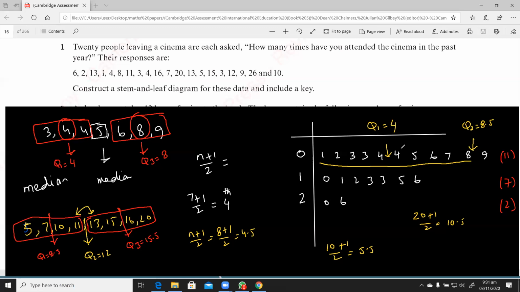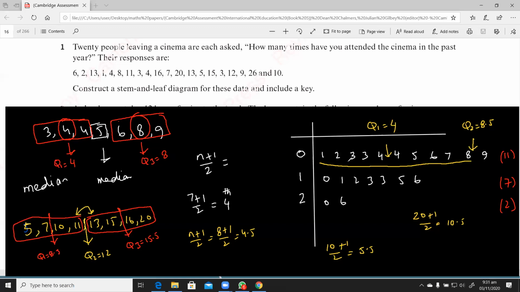Sorry, I am writing this as 4. Yeah, this is 4 because this is with units. They are total 20. And then you have the first 10 and the last 10. The median of the first 10 observations is your lower quartile, and the median of the last 10 observations is your upper quartile. Okay?